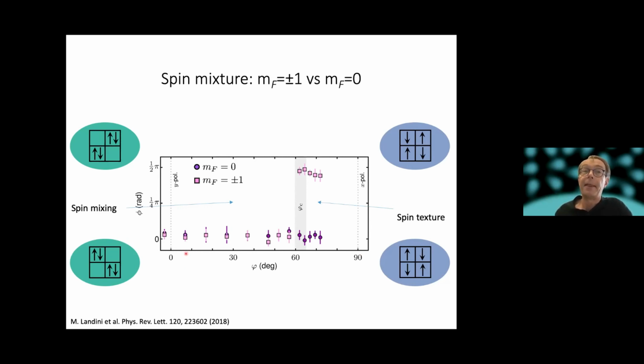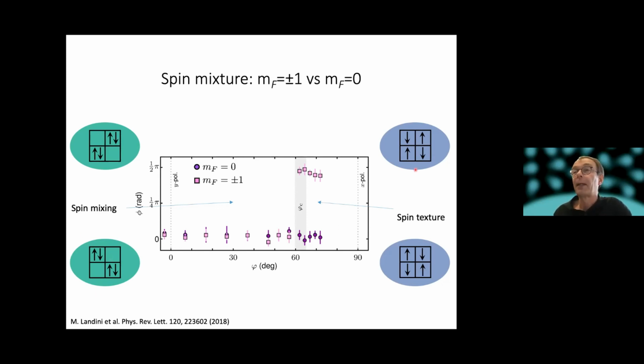And then we see that in this regime, if we have an angle below 60 degrees, what is happening in the system is that a density pattern forms. And the density pattern forms in such a way that both MF equal +1 and MF equal -1 are sitting on the same sides, on either the even or the odd sides.